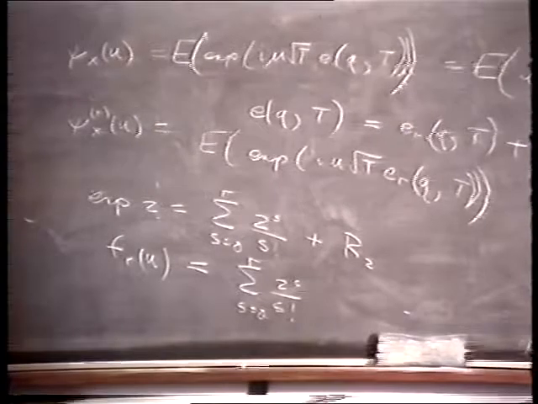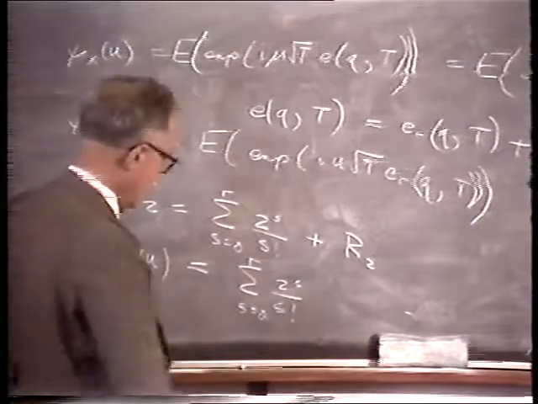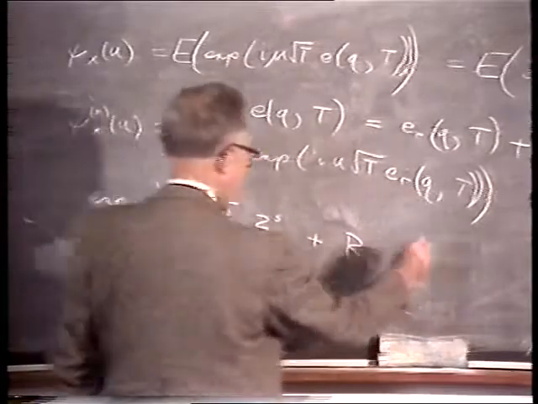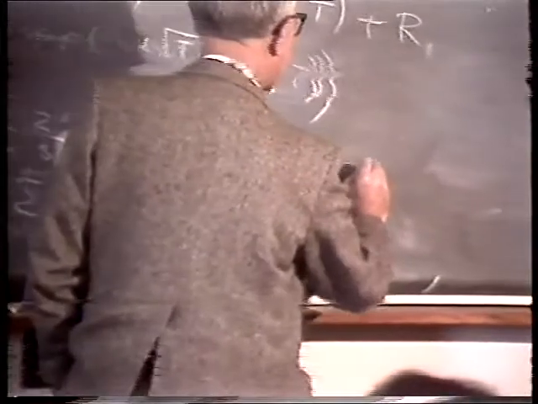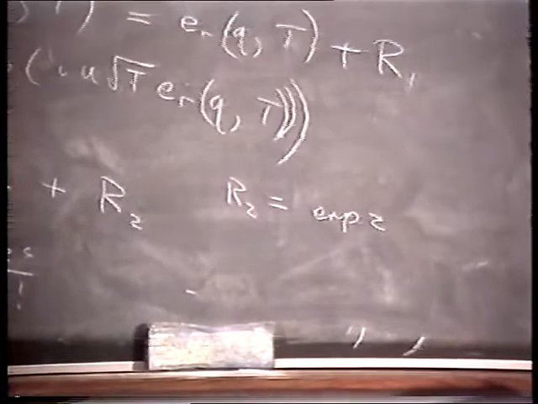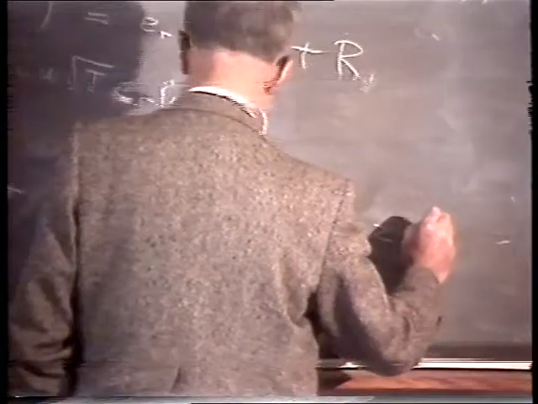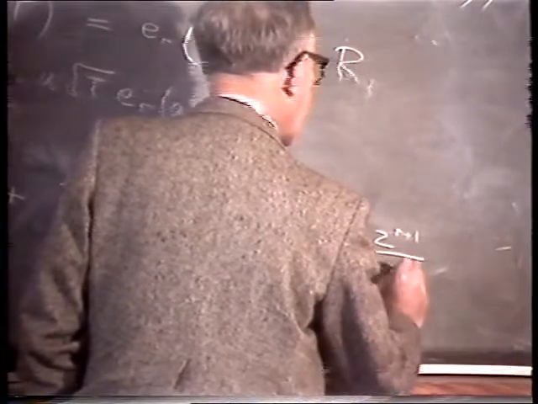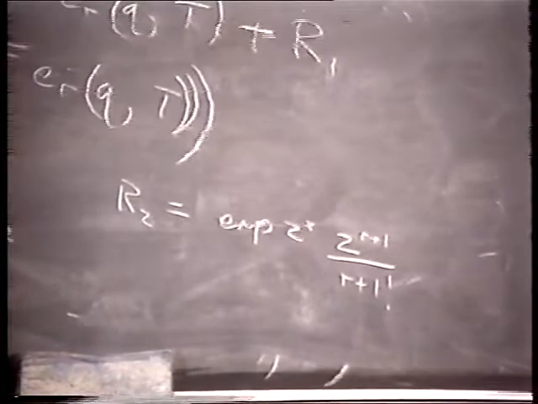But in this context, all that we need to note is that R2 is equal to e^(z star) times z to the r plus 1 over r plus 1 factorial.